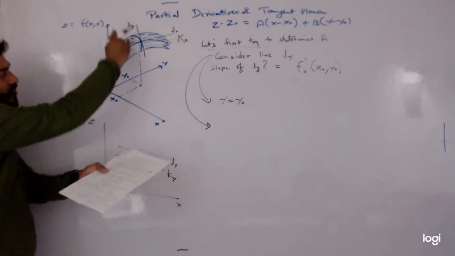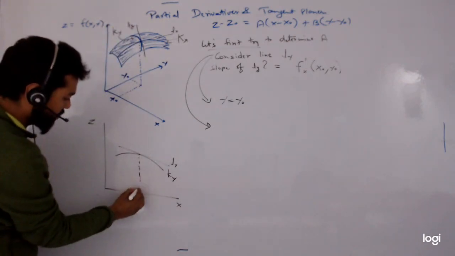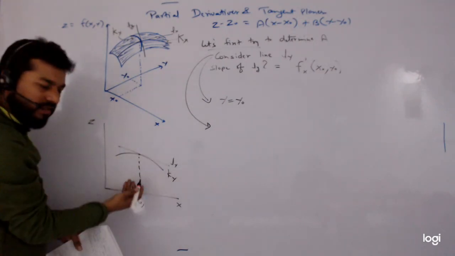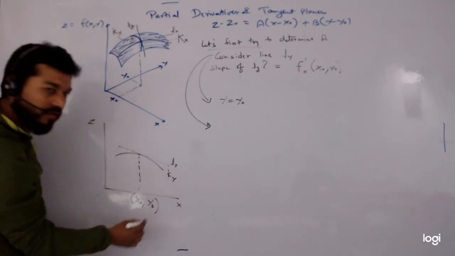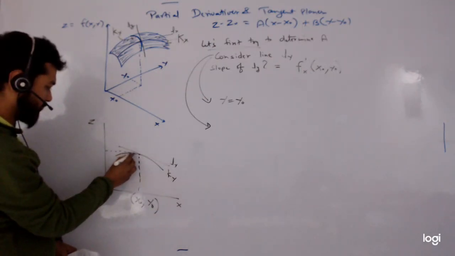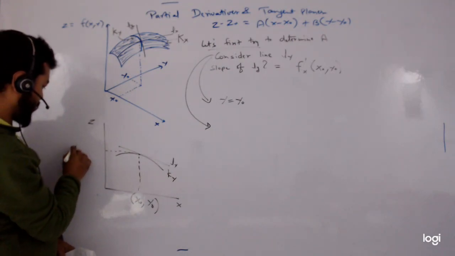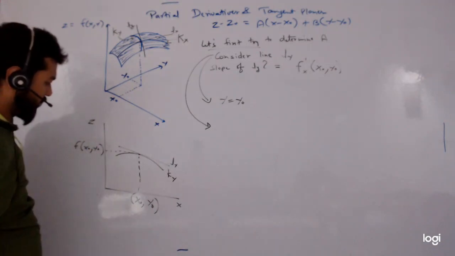I'm just drawing this curve and this line here. The point is x naught, and since everywhere on this line y is constant, we can just put y naught, and we have f of x naught y naught here.